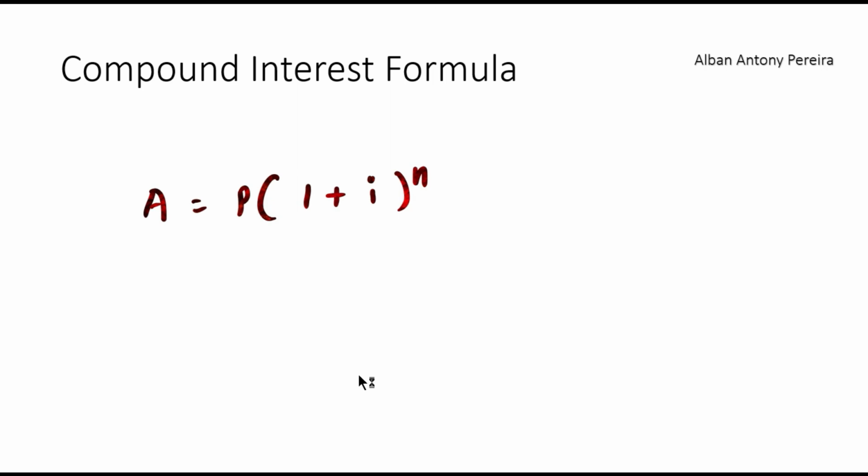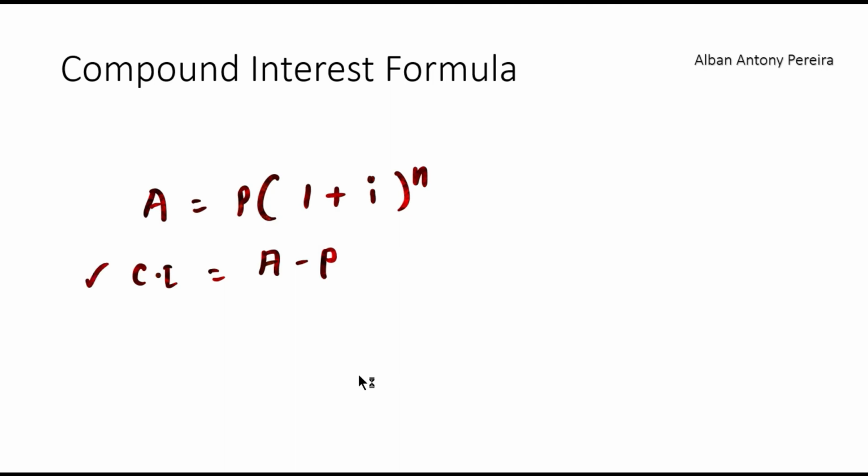This is the formula for calculating amount in case of compound interest. And how does the compound interest come here? You have to deduct principal from amount. Then you get the compound interest.